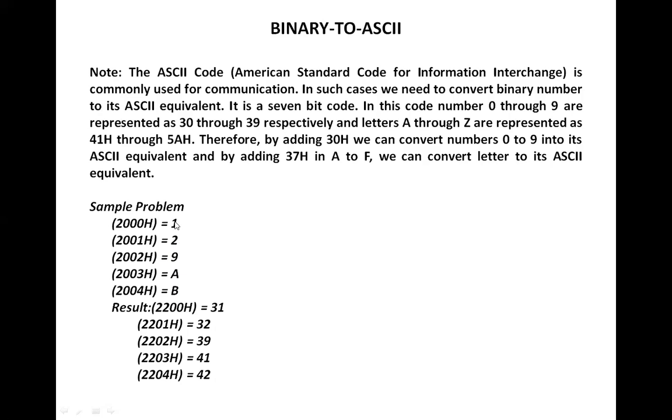And the result should be 1 to 31, 2 to 32, 9 to 39, A to 41, B to 42. And how will this conversion be done? By adding 30 if it is a numeric, by adding 37 hexadecimal if it is an alphabet. So with this process, we are going to write the program.